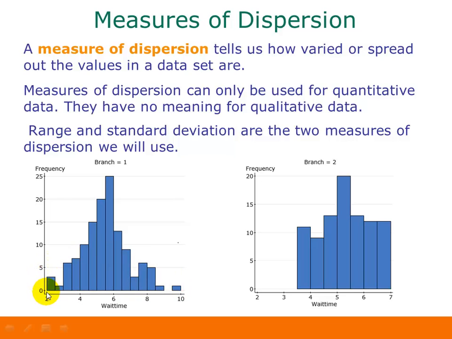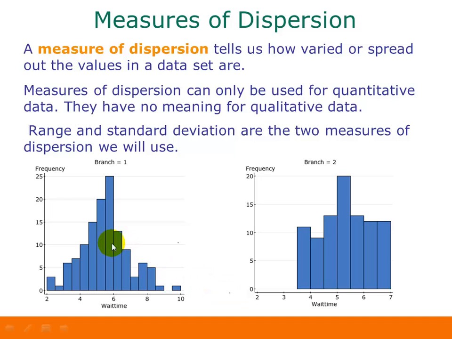The class limits for the classes go from 2 all the way up to 10. For the histogram over here, the data is not as spread out. Notice that the classes here start at 3.5 and only go up to 7. So these are more grouped around the center of the data than these ones are.